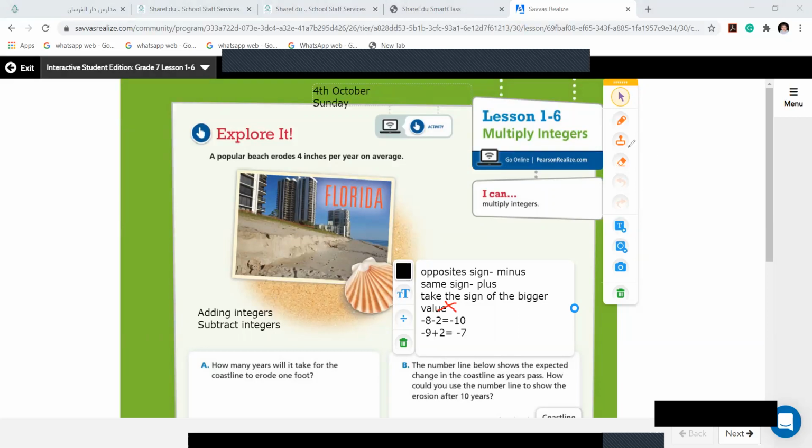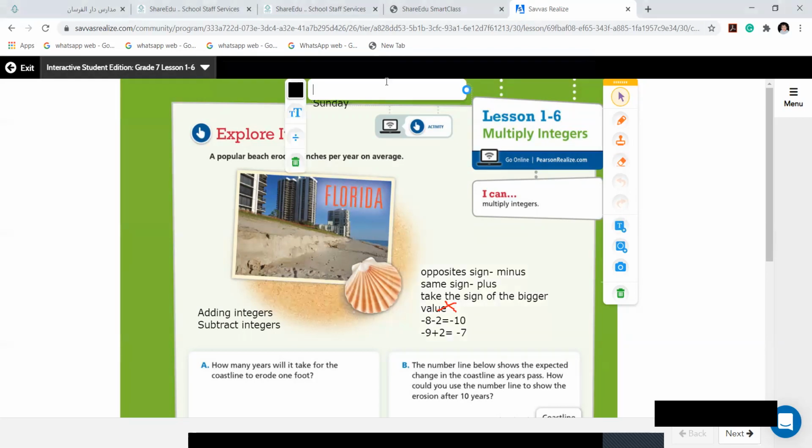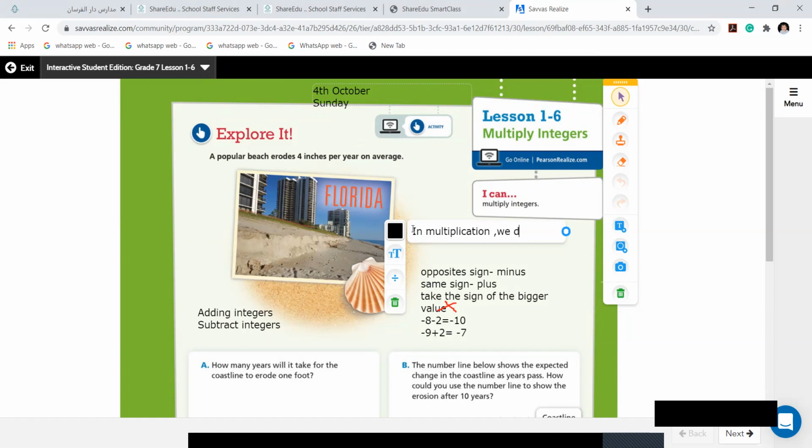Girls, please, with a pen or pencil, note it down so that you remember: in multiplication, we don't take the value of the bigger number.